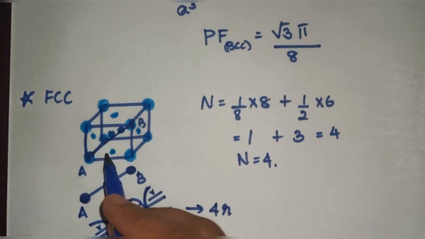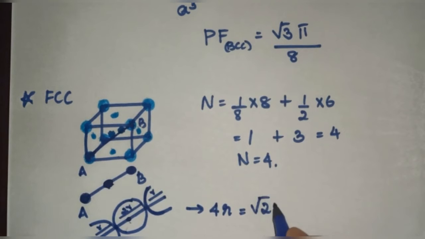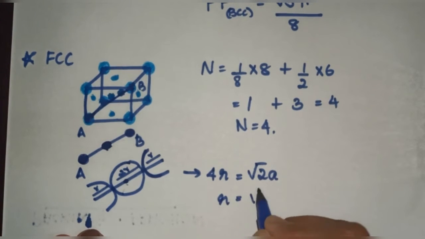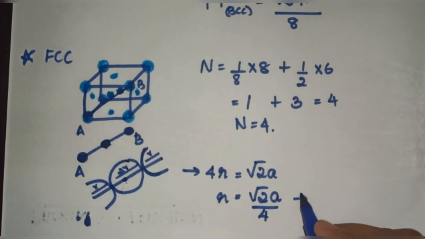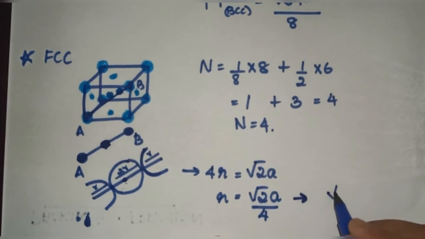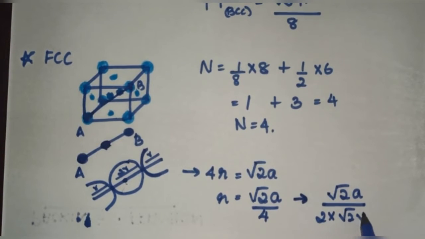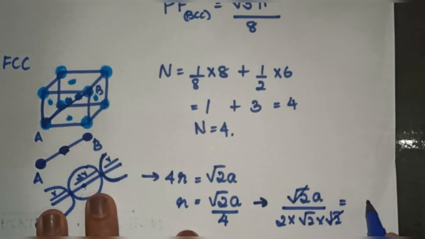According to the Pythagoras theorem, for this diagonal, you will get root 2a. Now R is equal to root 2a by 4, which can be further simplified as root 2a by 2 into root 2 into root 2. So you can cancel these. What will you get? a by 2 root 2.